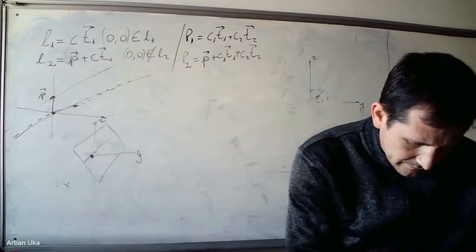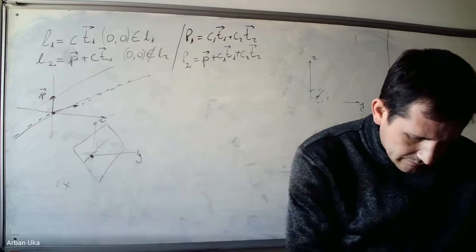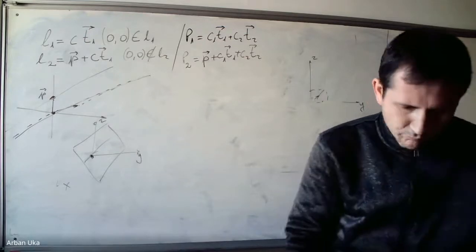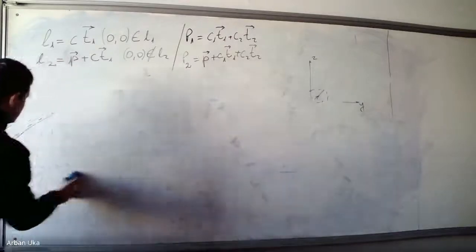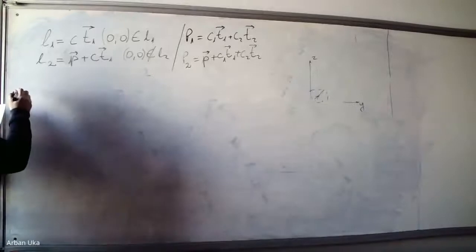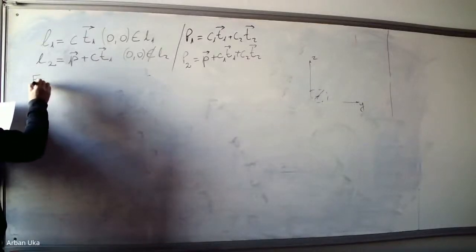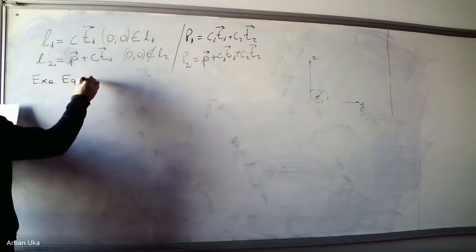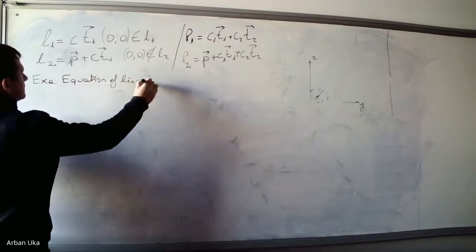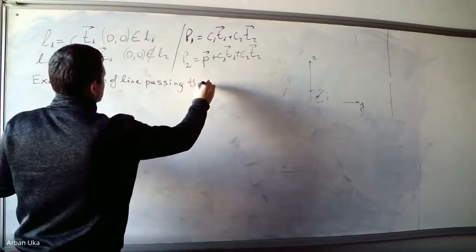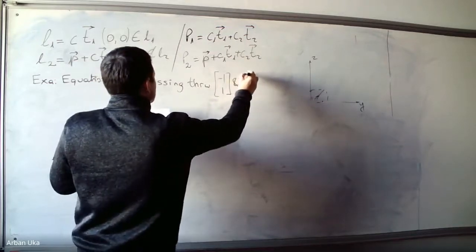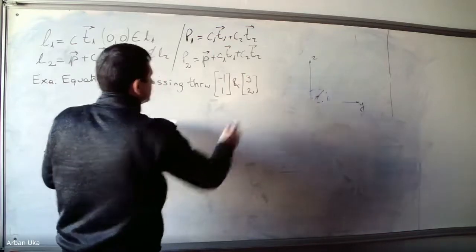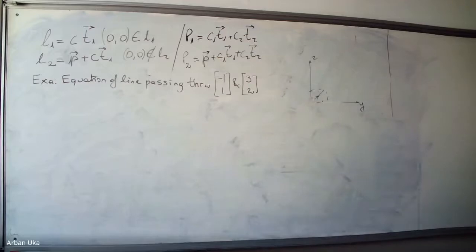Okay, now let's see an example. So let's try to find the vector equation of the line that goes through these two points.